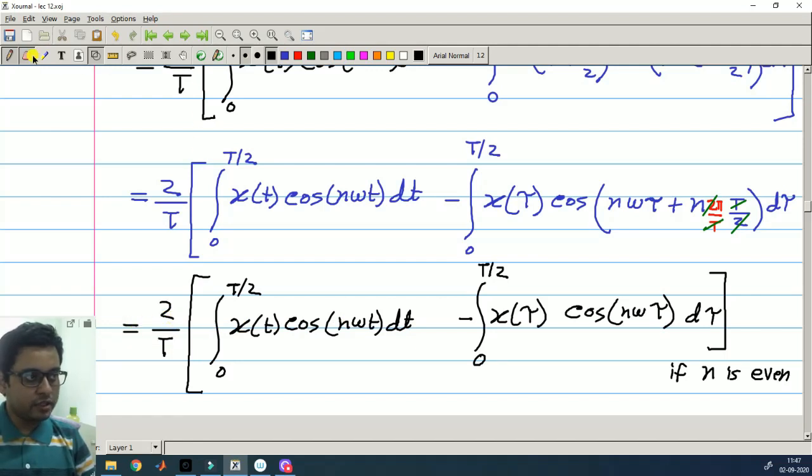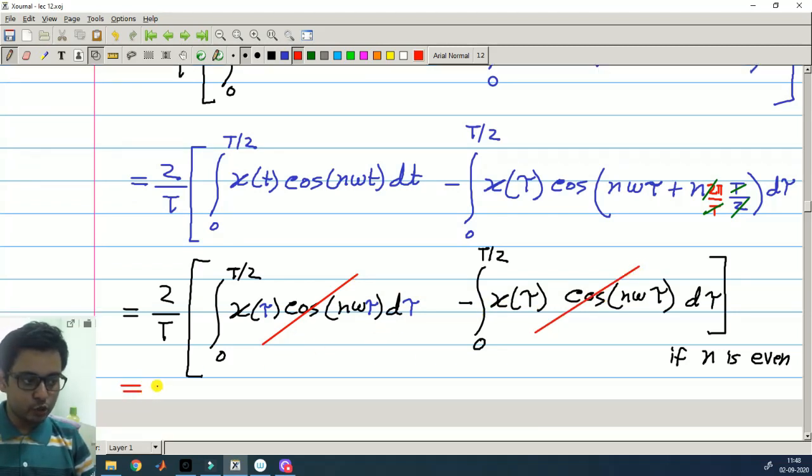Or if you want, you can replace this t in the first integration with tau, because that's only a dummy variable. Then you see that the first term and the second term are equal and opposite, so the result is equal to 0.